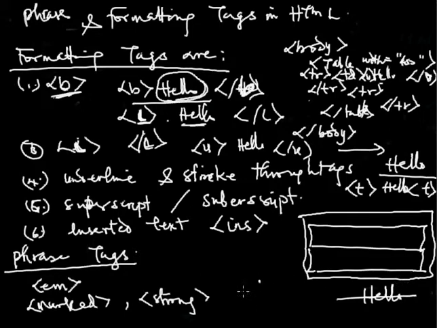Even if you have 4 and you say sup 2, close sup, it's going to write 4 raised to power 2. That's what it's going to give you, and so on and so forth.